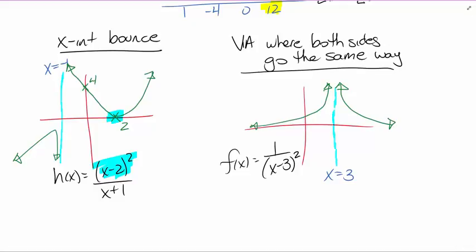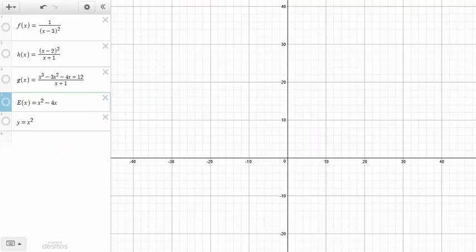Here we see that double root occur in the denominator. Well, the denominator sets our vertical asymptotes. Because of that denominator having a double root, we're going to end in the same direction on both sides of this.